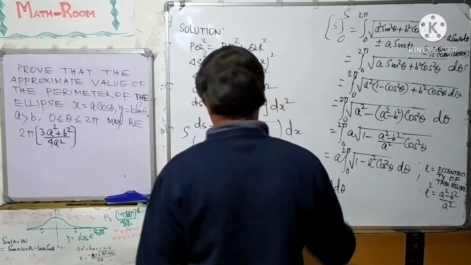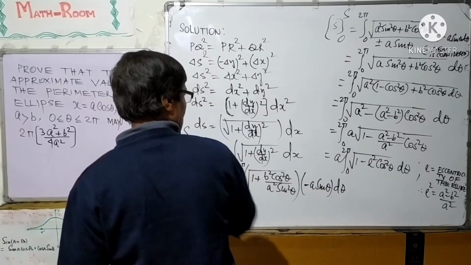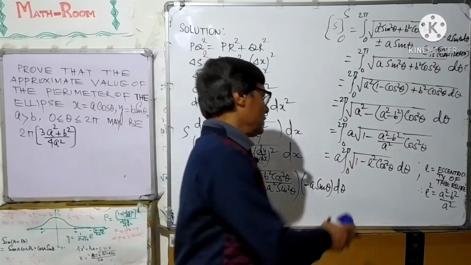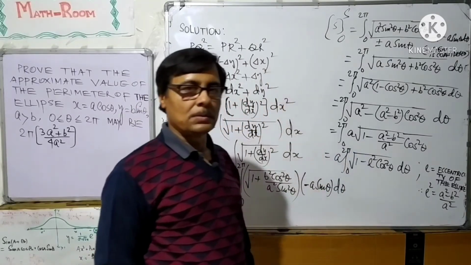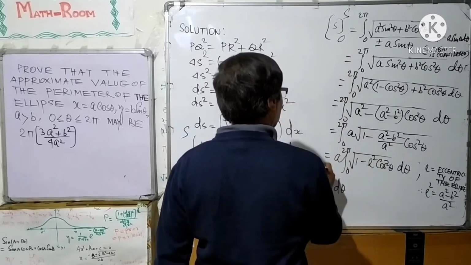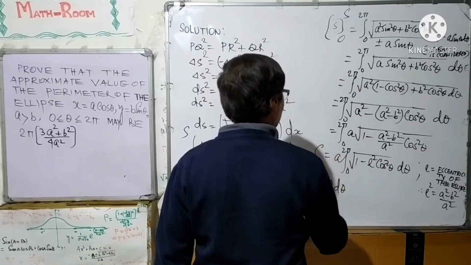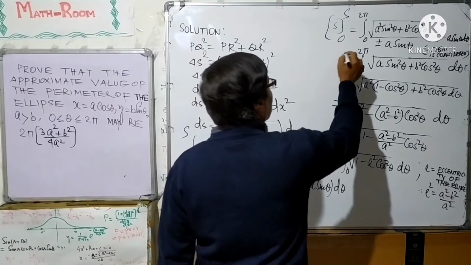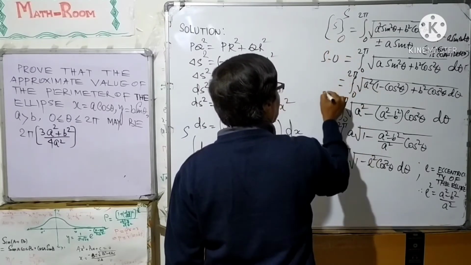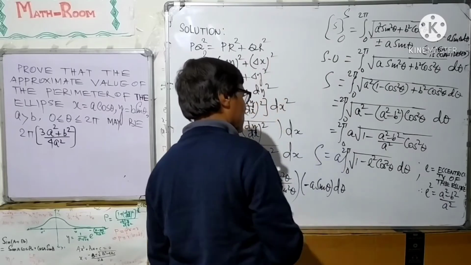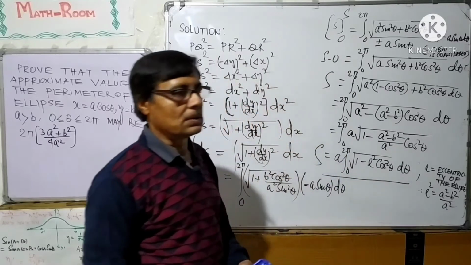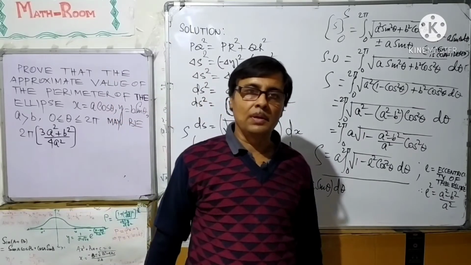So, this is the integral a into 0 to 2 pi into root over of 1 minus e square cos square theta, which is the entire perimeter of the ellipse. This is S, that is S minus 0, which is S. This is the entire perimeter of the ellipse.